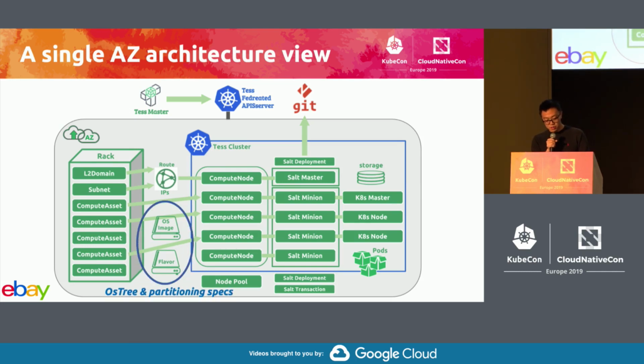So OS image, I'm going to mention that later, but we use OSTree to build our own version of the operating system. We leverage RPM-OSTree and Project Atomic. And this operating system can be built from spec. This operating system object in our API server contains the OSTree URL and the commit ID for this operating system footprint.